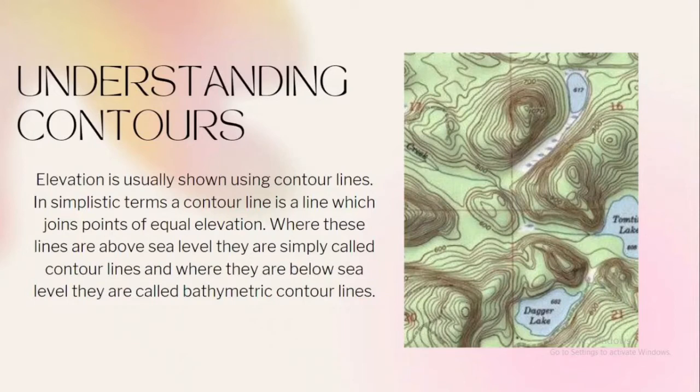Contour lines can tell an informed reader many things about the shape of the land and its ruggedness. The closer contours are together, the steeper the land, and the further they are away from each other, the flatter the land. The difference in elevation between one contour line and the next is called the contour interval. A cartographer chooses a contour interval suited to the scale of the map and the relief of the land.